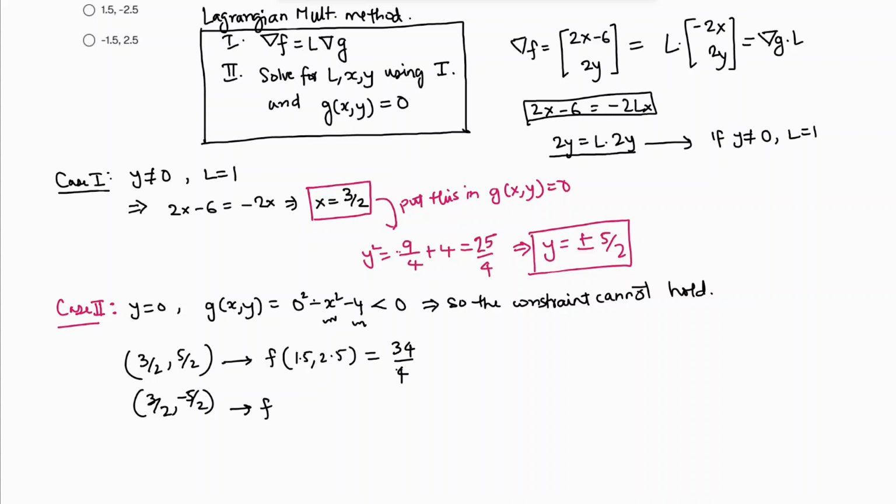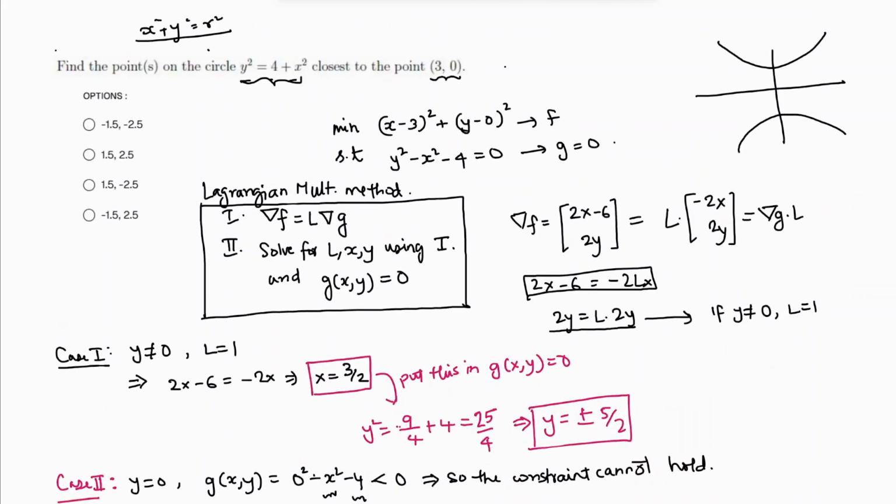Similarly, f of (1.5, minus 2.5) will also give me 34 by 4. So essentially both the second one and the third one are correct. I think in the answer only the second one is given, but that's a mistake and it has been corrected after some time.